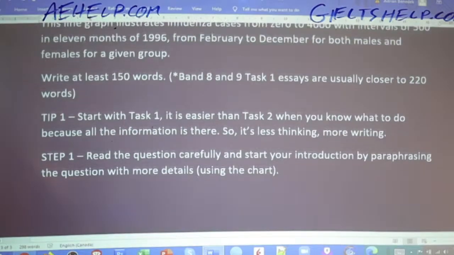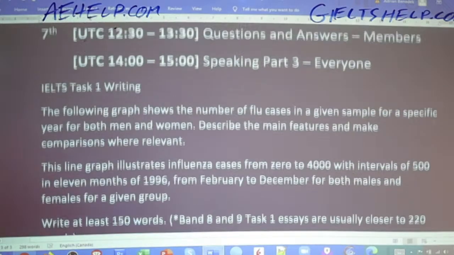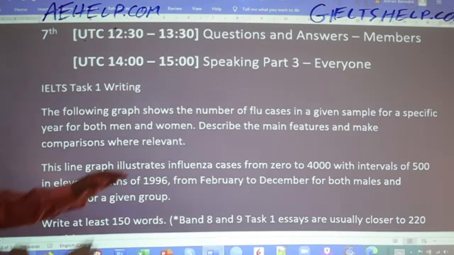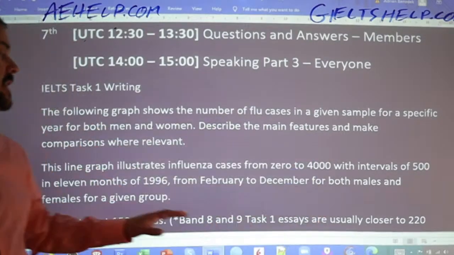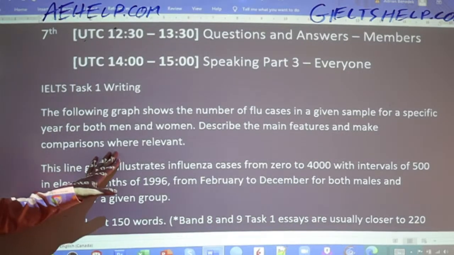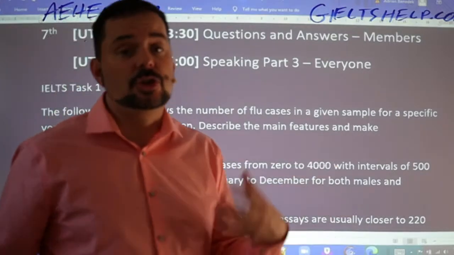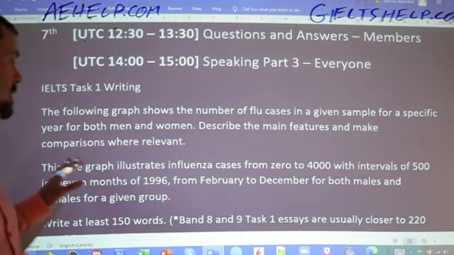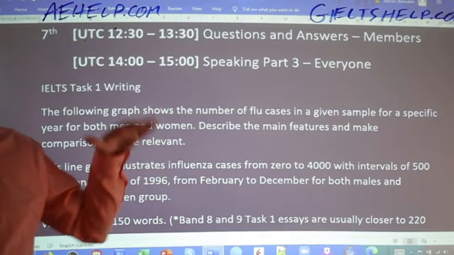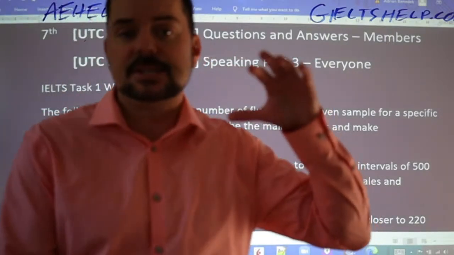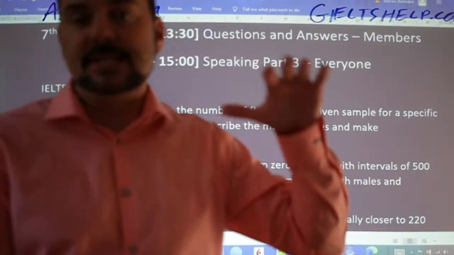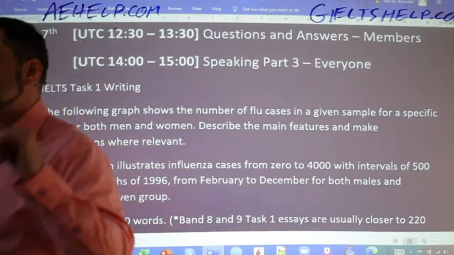The question for task 1 always says describe the main features and make comparisons where relevant. Basically, you can think about it like this: describe the main features is your overview, and make comparisons where relevant is your big body paragraph. It's your analysis of the task 1.